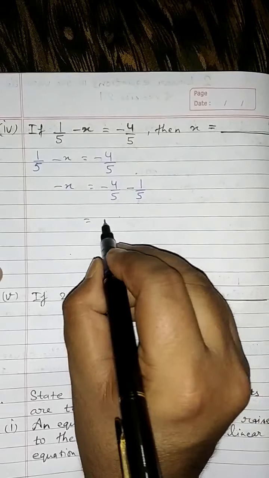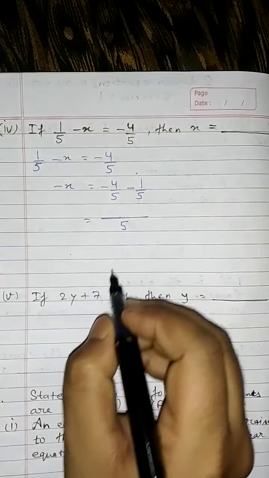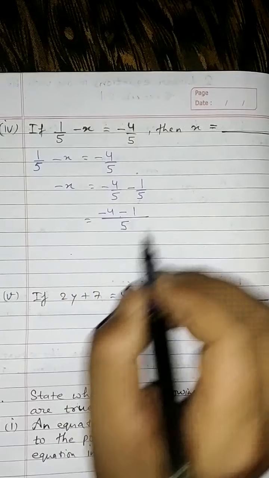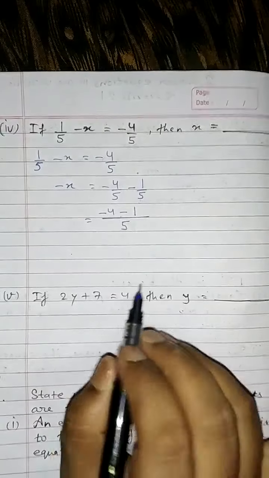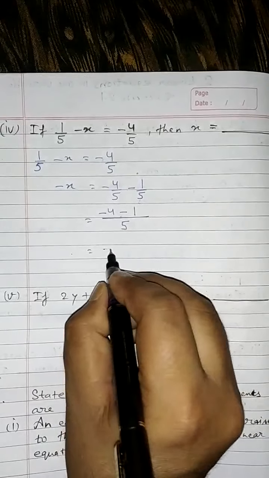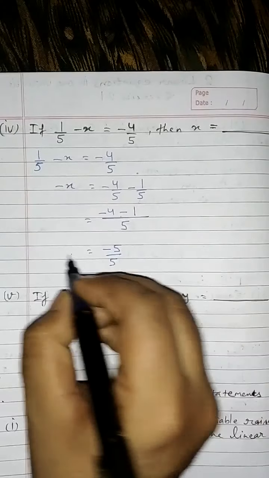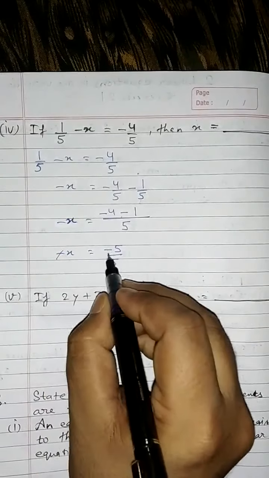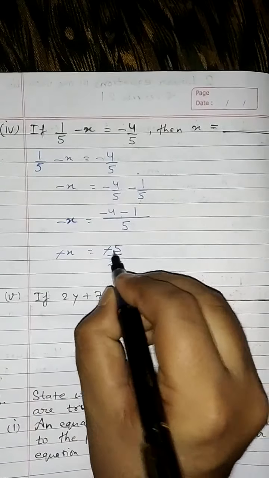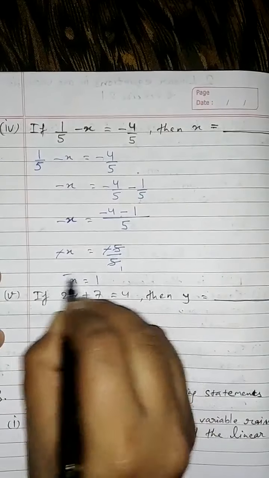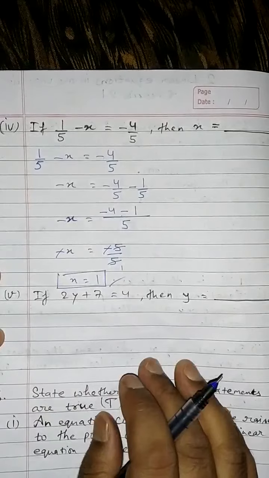We have the same denominators, so the LCM will be 5, and so the numerator will be shown like this. Now minus 4 and minus 1 gives you minus 5, and minus x will be copied as it is. Here negative negative will be cancelled, 5 will be cancelled, and the value of x will be 1.